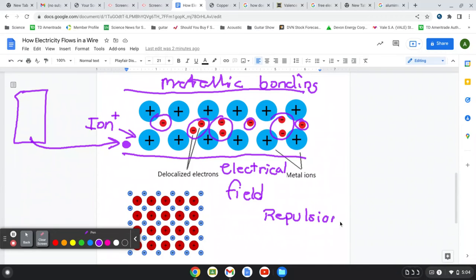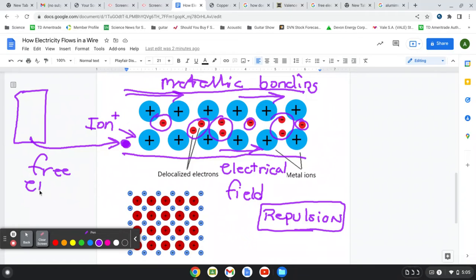It's a repulsive force, right? Opposites attract, but the same charge, they don't want to be near each other, right? So this electron is causing this flow, right? So all these electrons, these free electrons, again, they're free to go, are moving inside the metal in the copper wire.